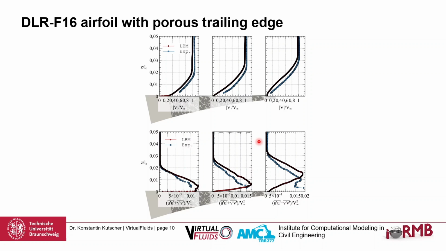It would be interesting to see how the pressure distribution works. We computed also the pressure distribution, and there was also a measurement for the pressure. I don't have it now, but we compared it also.